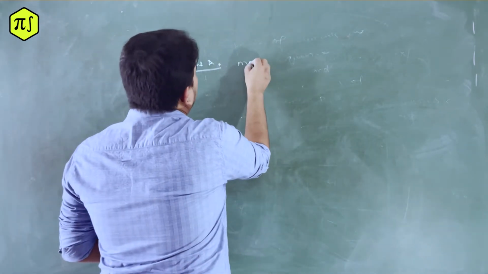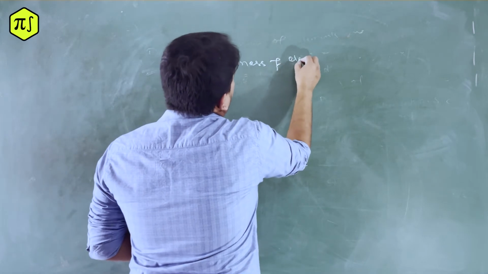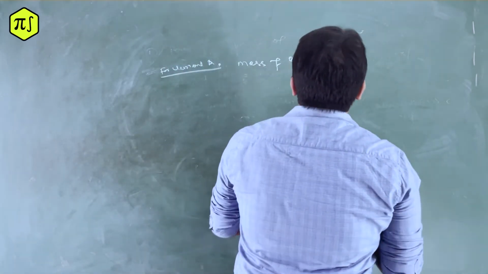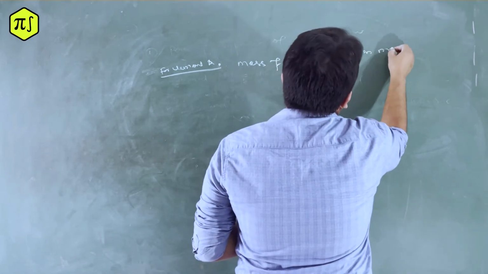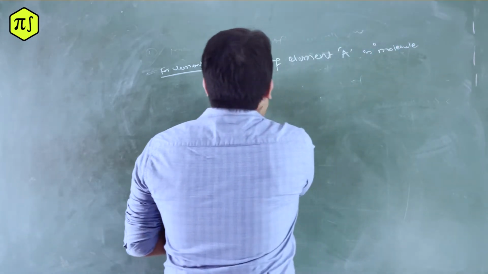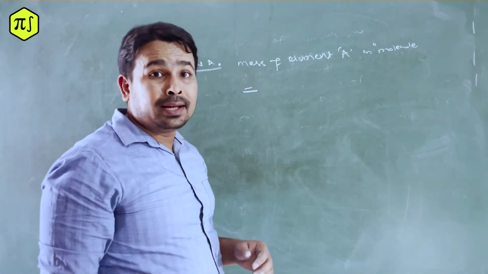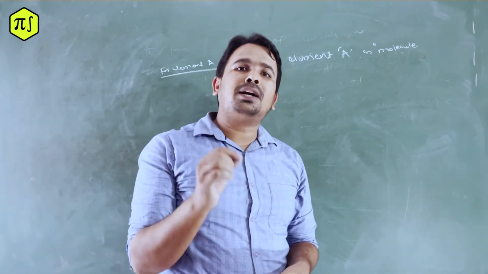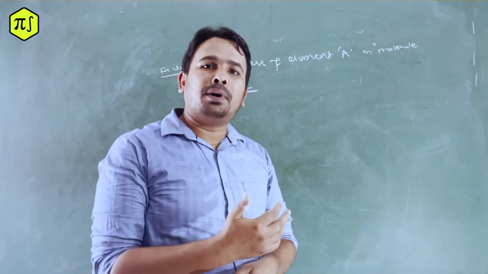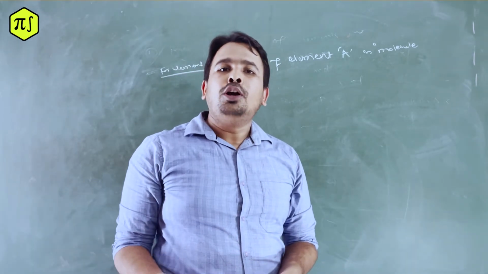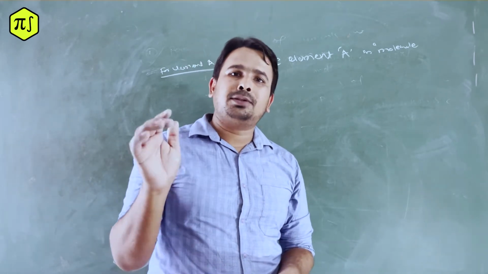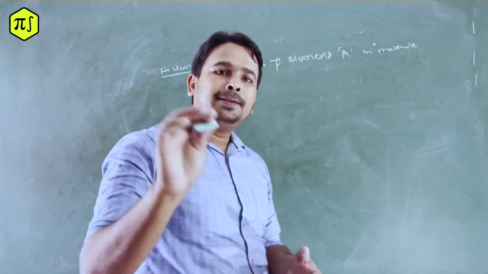So the mass of element A in a molecule, guys. Anyway, we are not calculating the actual mass in the sample. We are calculating the mass of the elements in a molecule, because we are going to calculate the numbers and the proportion also. If you go by the total mass also, it will get cancelled. So we are taking one molecule actually, guys.